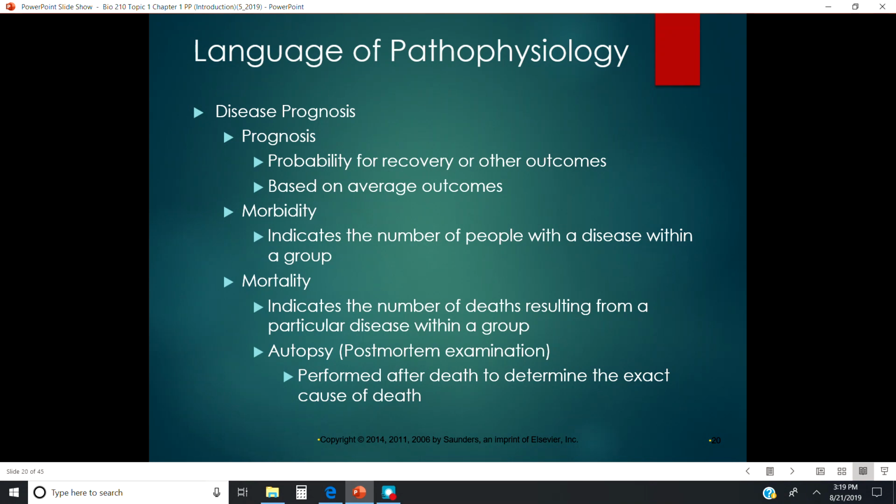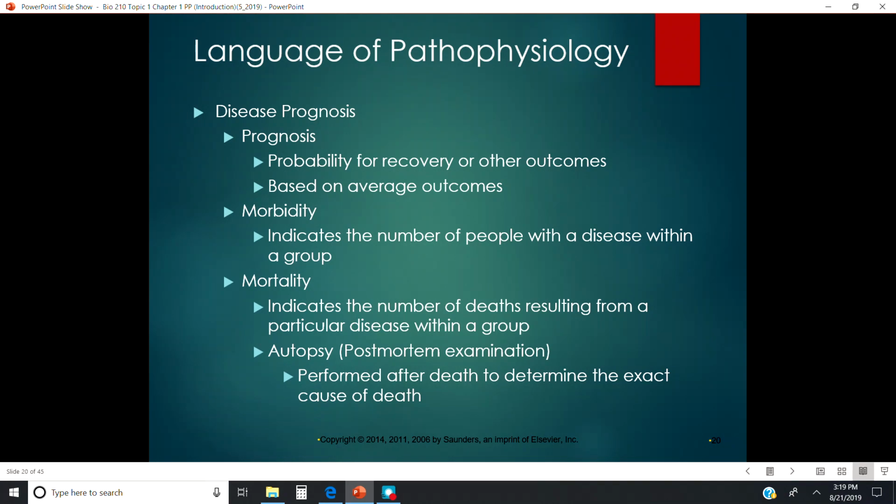The next set of terms are related to disease prognosis. This is a really important term both in pathophysiology as well as in medicine. Prognosis refers to the probability for recovery or even other outcomes. These things are determined based on average outcomes.